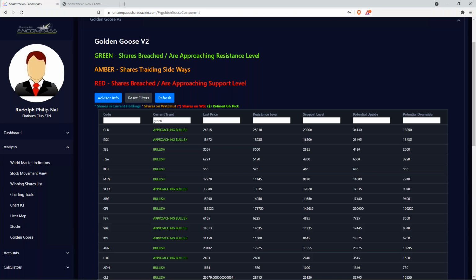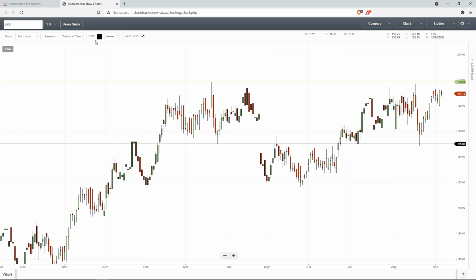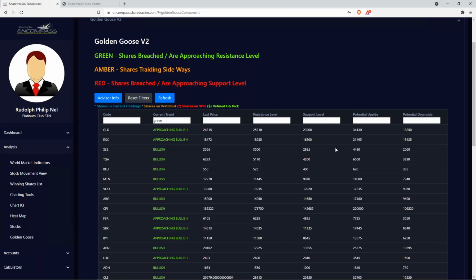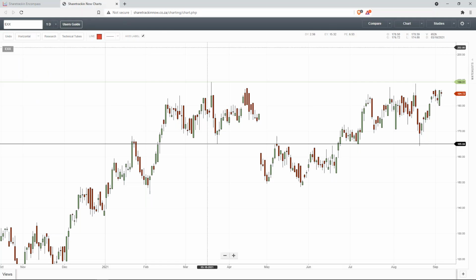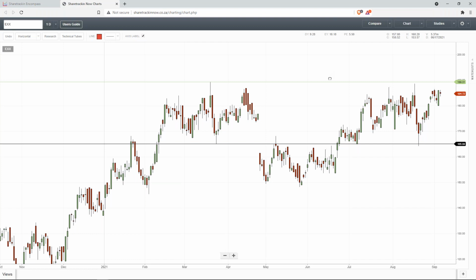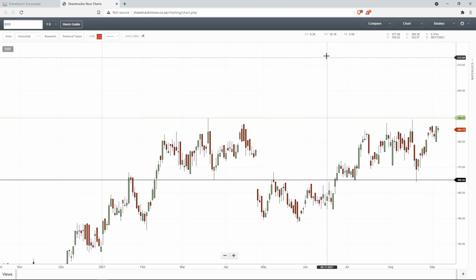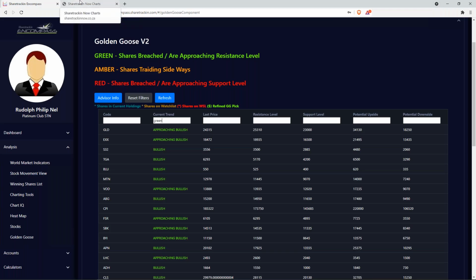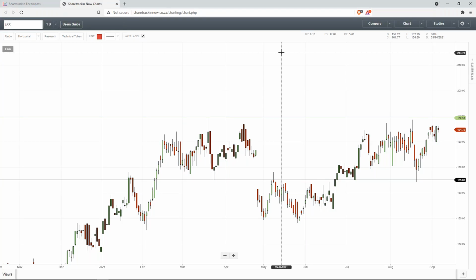Then what we would like to reach, so first I'm going to select a new color, let's make it red. We want to reach a potential upside of 214 rand and 95 cents. If I move my charts down a little bit more, 214 rand and 95 cents would be more or less over there.